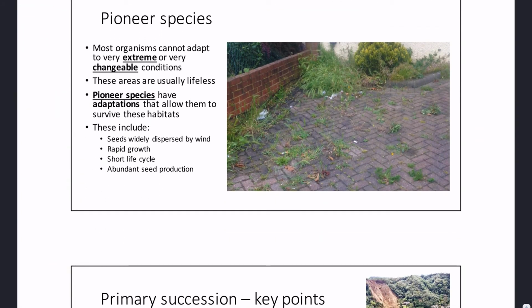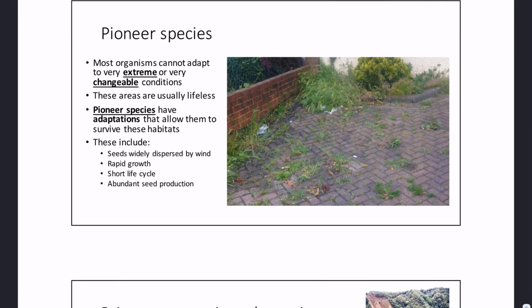So what we have is the pioneer species. And what we're saying is that, at least in terms of primary succession, primary succession is when we're talking about the change in a community over time in an area where there was no communities, no species of life in the beginning, which is basically every place.